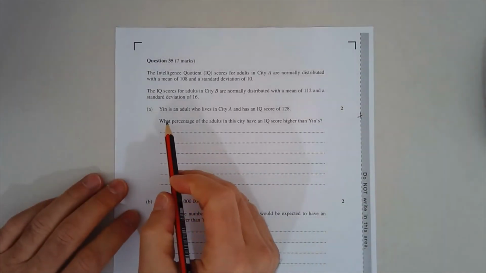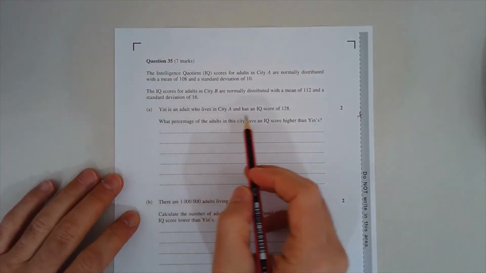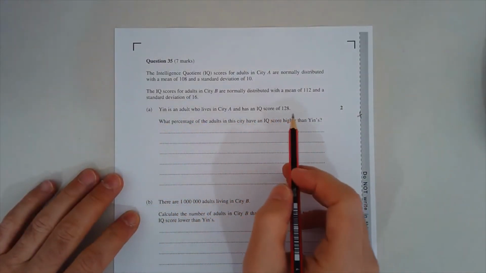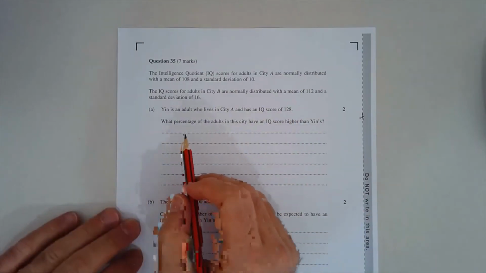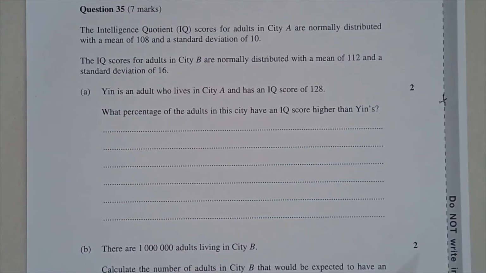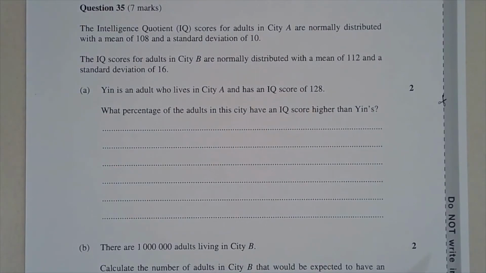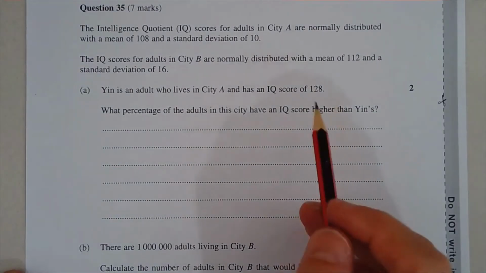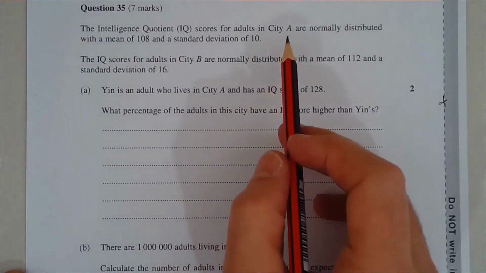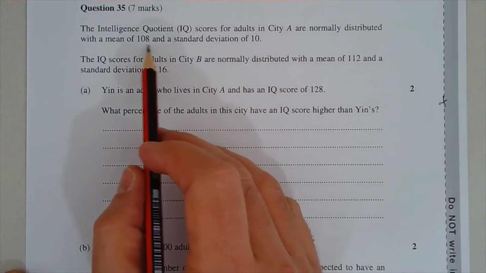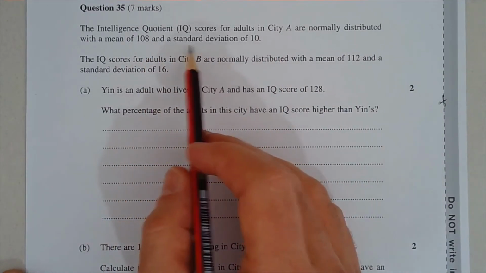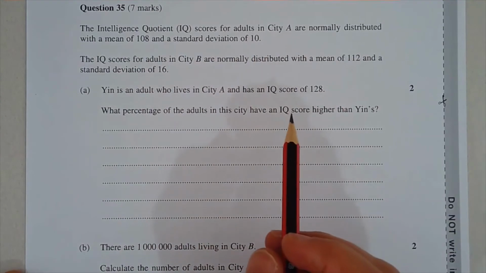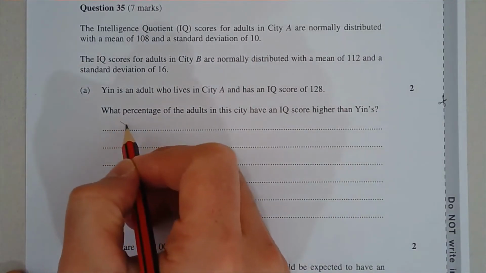So let's go back to part A. Yin is an adult who lives in City A, has an IQ score of 128. What percentage of adults in this city have an IQ score higher than Yin's? First of all, City A, let's go back to the question. The mean is 108 and a standard deviation of 10. Let's work out Yin's Z-score.